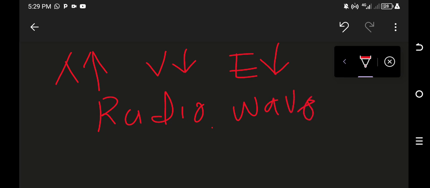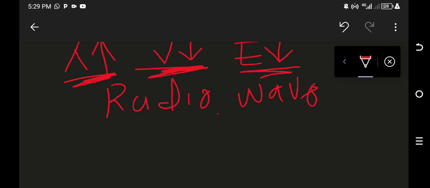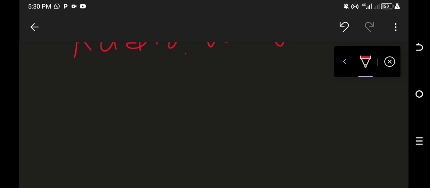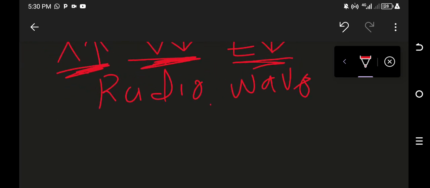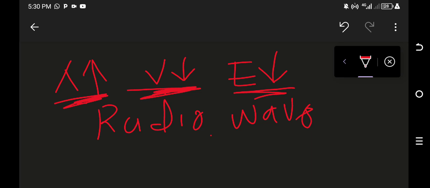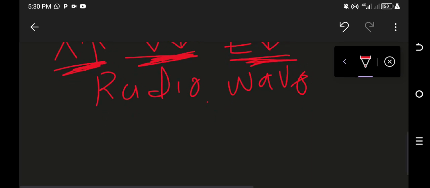Radio waves have the highest wavelength, lowest frequency and energy. And the one which has the highest energy and frequency is the gamma rays.